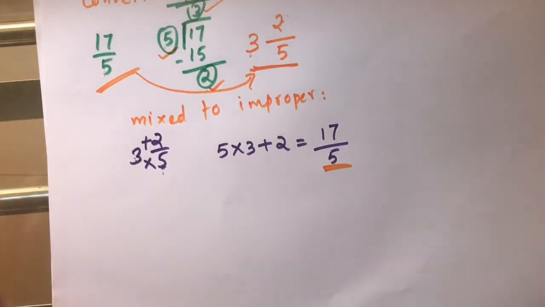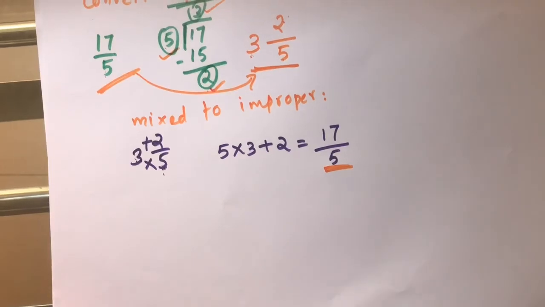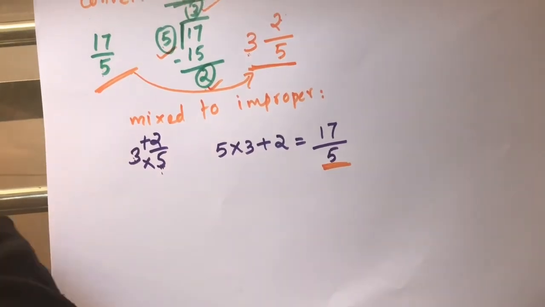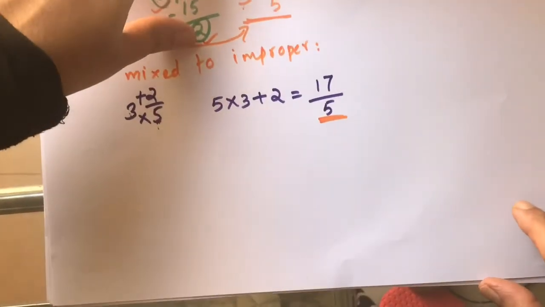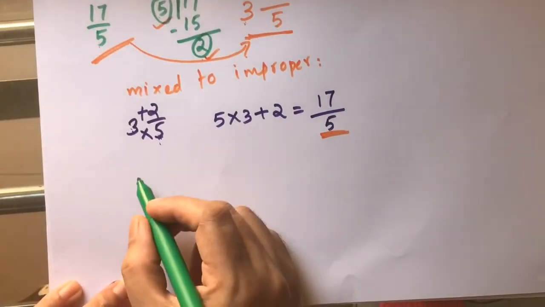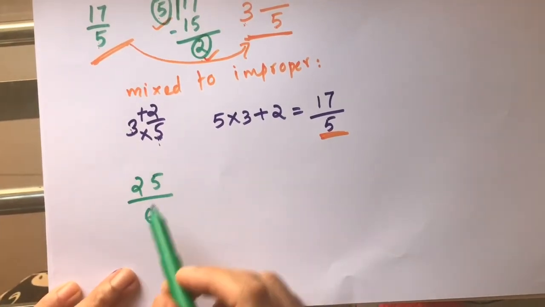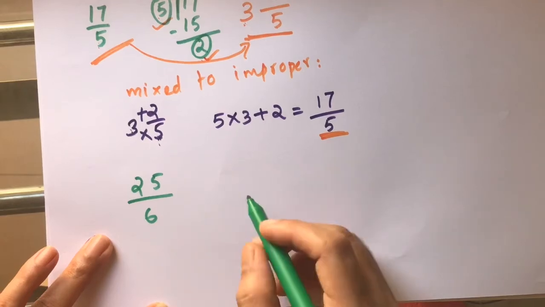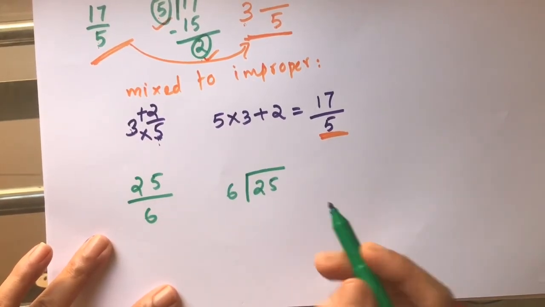I'll do another example. First I'll change an improper fraction to a mixed fraction, and let's do it with 25 by 6. It's an improper fraction, we know. So to change it into a mixed fraction, we need to divide 25 by 6.